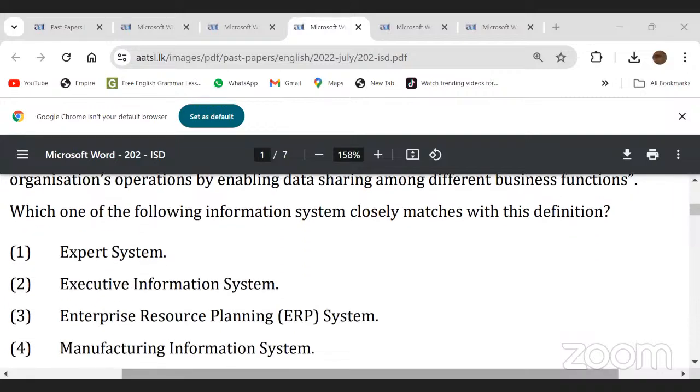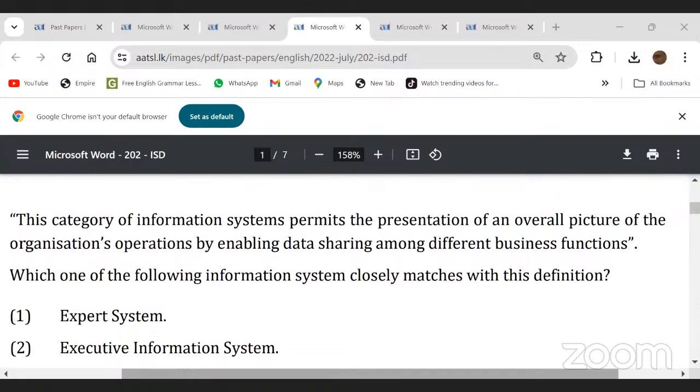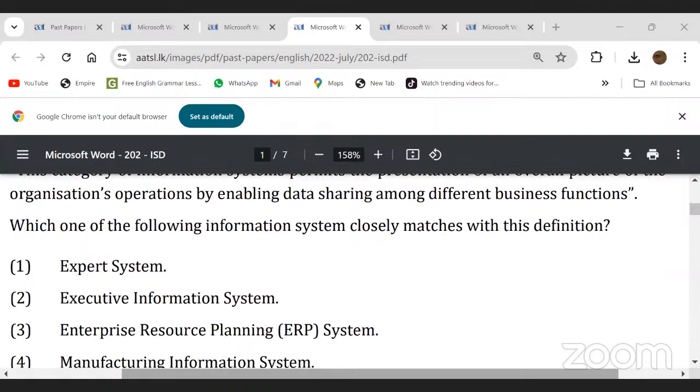Expert systems, executive information systems, enterprise resource planning systems, manufacturing information systems. What is this? This category permits presentation of an overall picture of the organization's operation by enabling data sharing among different business functions.